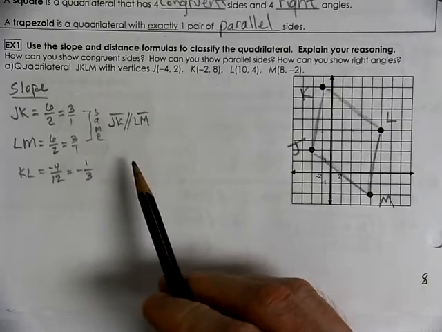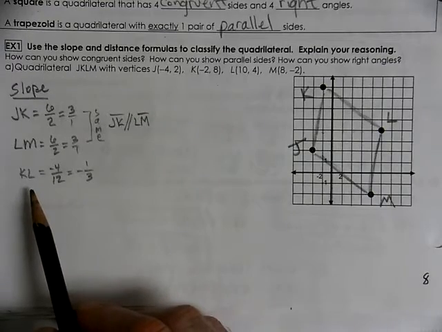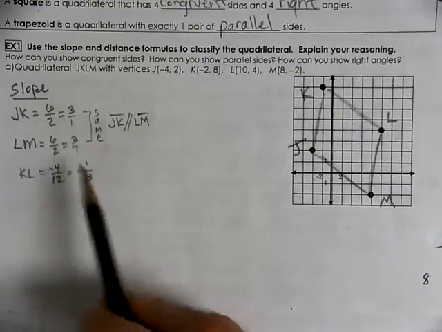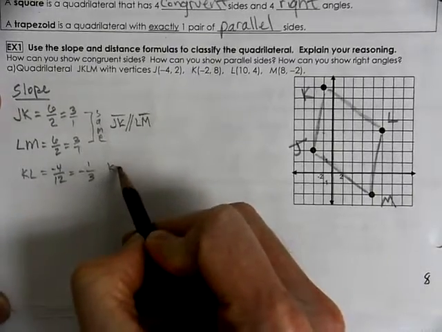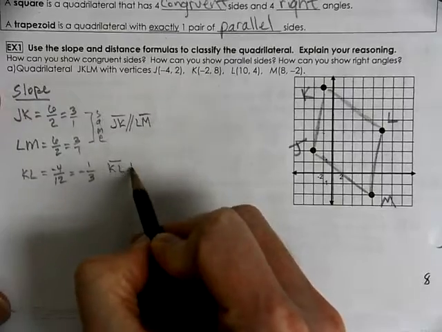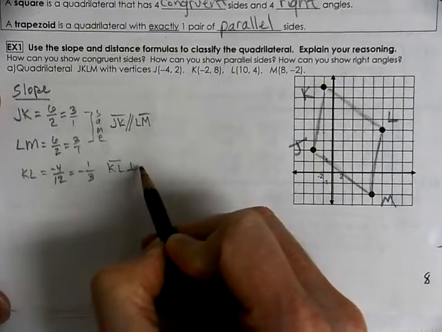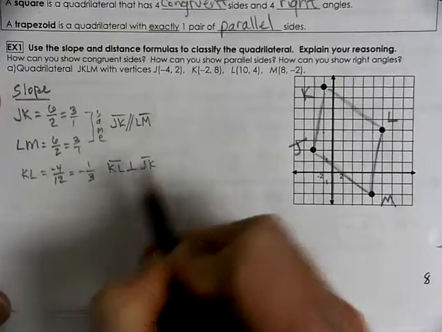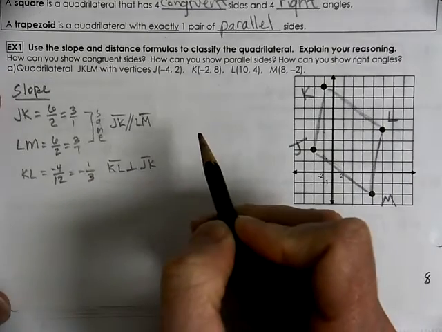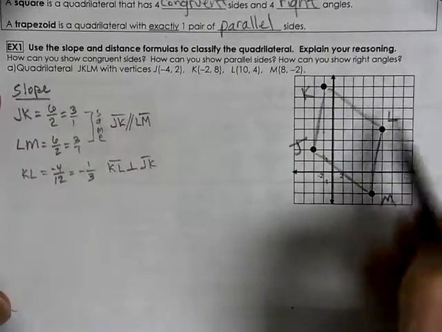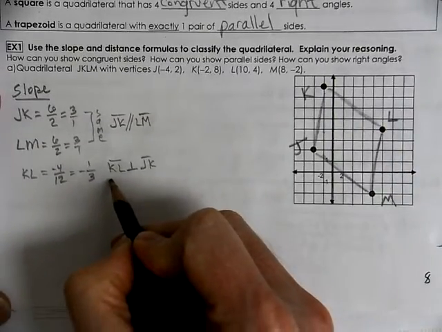Now what I notice is that KL is perpendicular to both of those. So KL is perpendicular to JK. We also know that KL is perpendicular to LM.